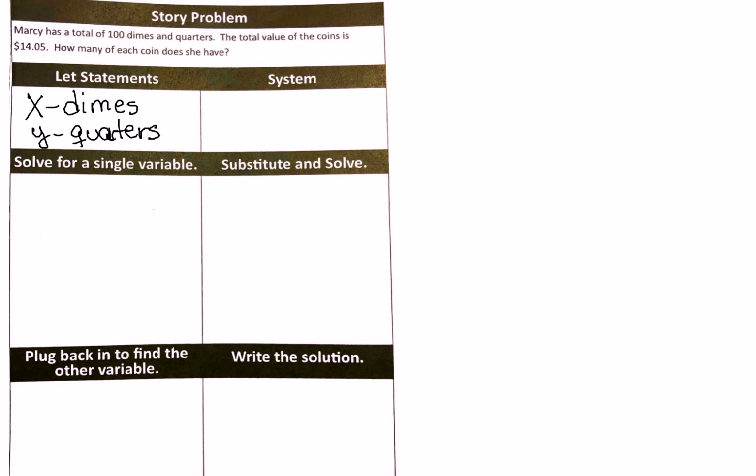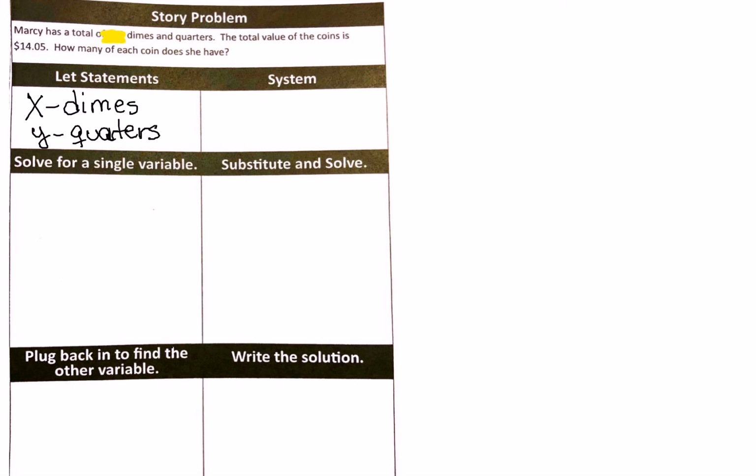Okay, now we have to create our system of equations. Let's read the problem one more time and let me highlight some stuff for you. It says that Marcy has a total of 100 dimes and quarters. So the total is 100.